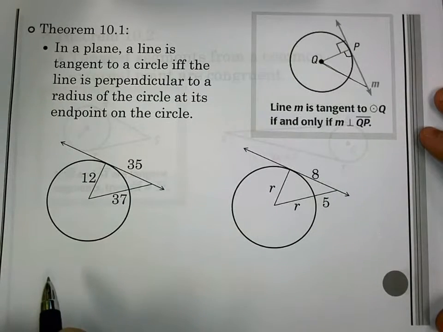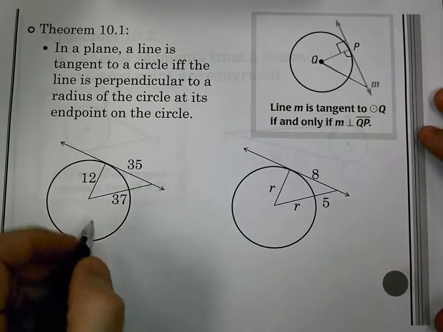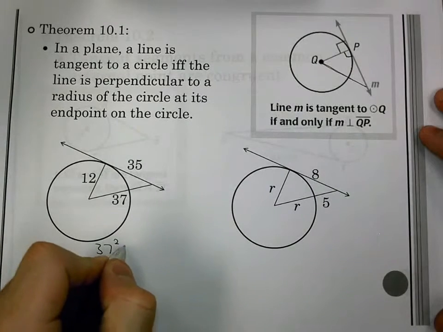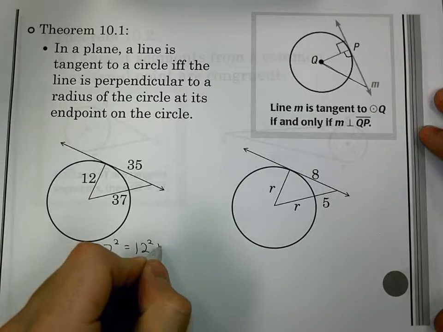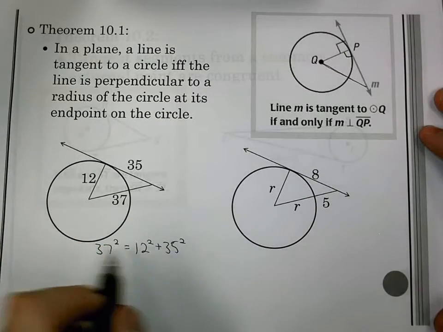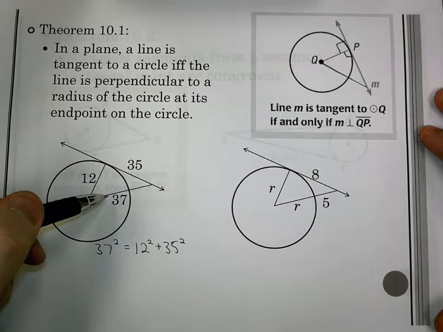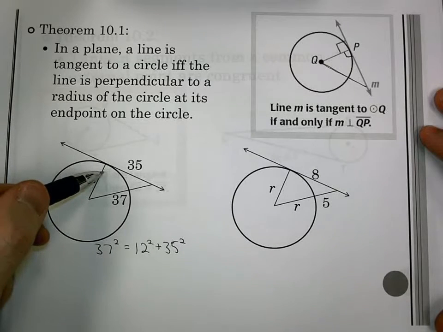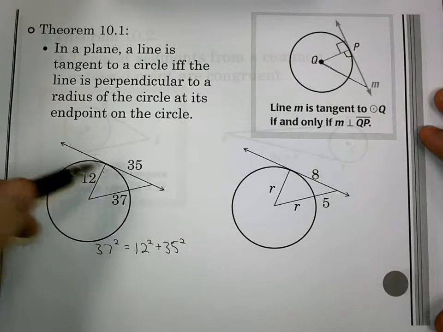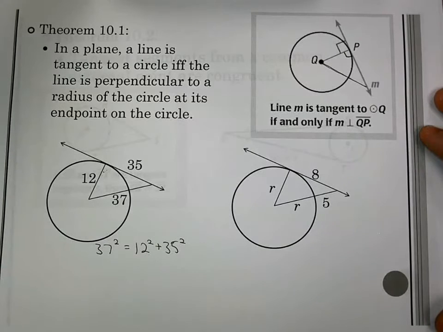So in this first one, let's say we're given these values and we have to show that it would be a tangent. Maybe that's how the question is posed. So we would do 37 squared equals 12 squared plus 35 squared, because if this turns out to be true, that would tell us this would be the hypotenuse, we'd have a right angle here, and we would have a tangent.